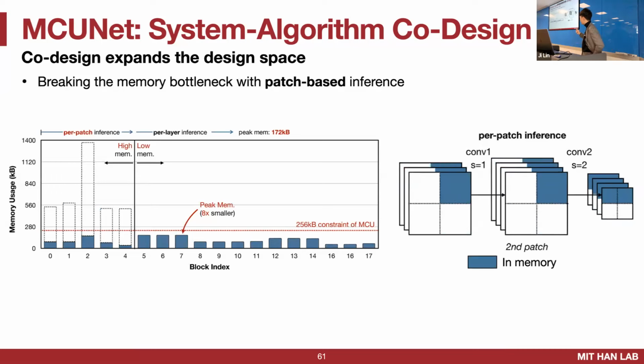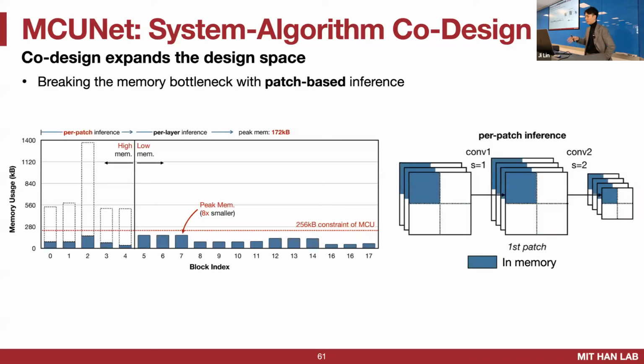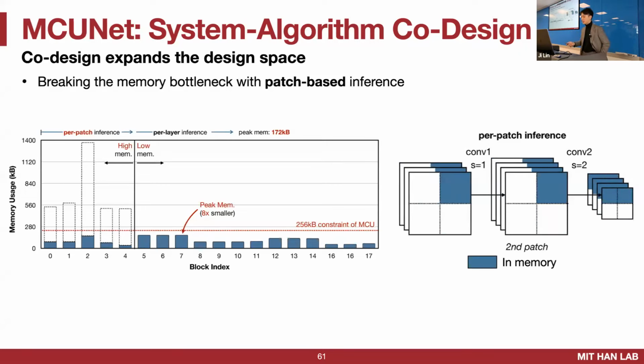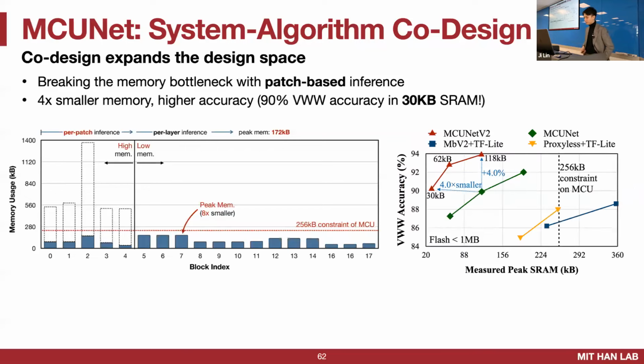By enabling patch-based inference for the first 5 blocks, we can significantly cut down the memory usage of these layers, and the overall peak memory can be reduced by 8 times. This is an opportunity you cannot explore if you simply look at the model and the system separately. This kind of system optimization also allows us to build a model with higher resolution inputs so that it can enable other vision applications like object detection.